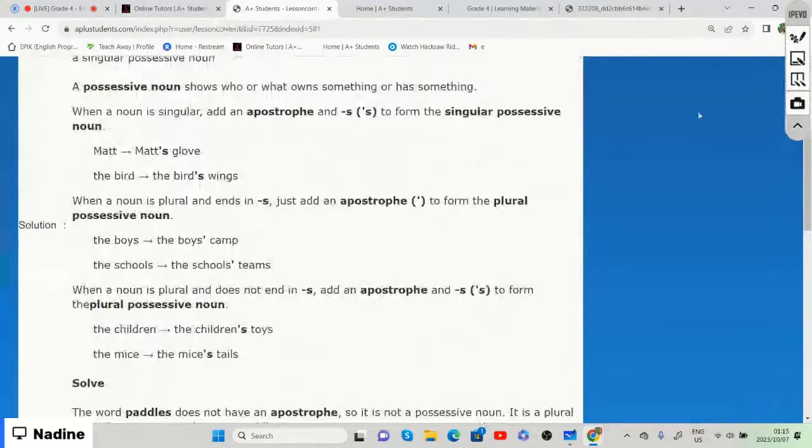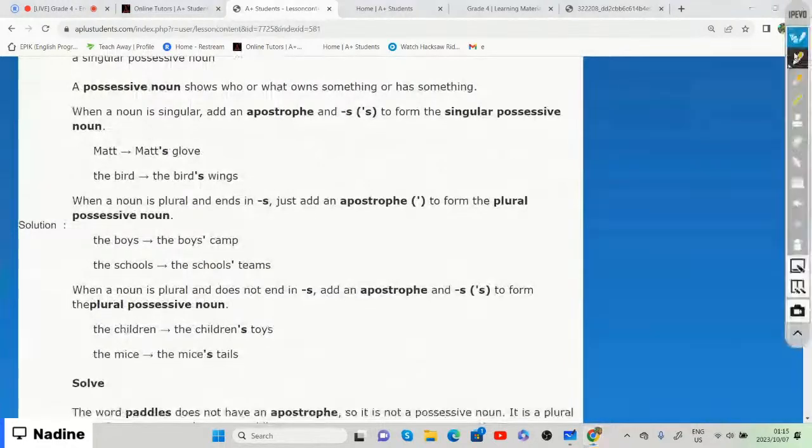All right, so a possessive noun. Once again, possessive nouns show who or what owns something or has something. If it belongs to someone or something, then we need to show possession.